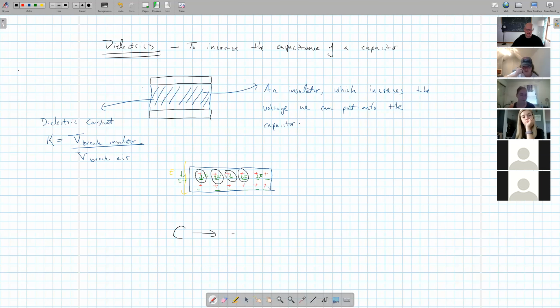capacitance from C to a new capacitance, let's call that C prime, which has been increased by the amount of the dielectric constant. So by putting in the dielectric, it increases the capacitance by an amount of the dielectric constant.